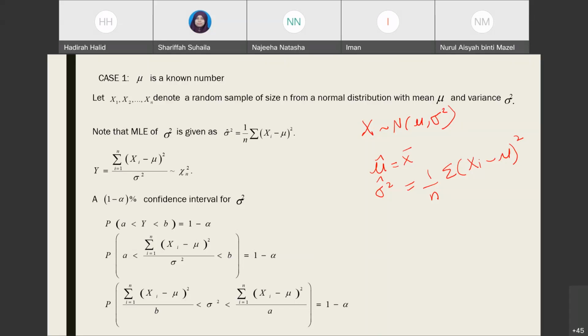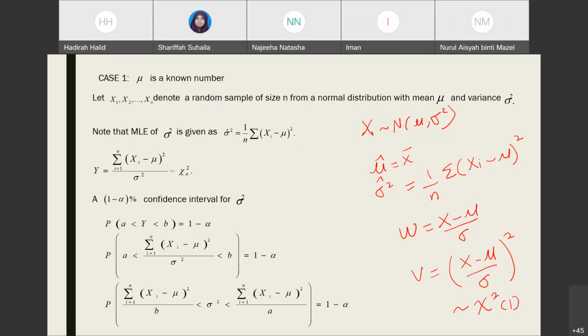So here, let's say you have w equals (x minus mu) over sigma. When we square it, let's say v equals ((x minus mu) over sigma) squared, it will become a chi-square distribution with degree of freedom 1. Okay, why is the degree of freedom 1? Because you only consider a single random variable, which is your x.